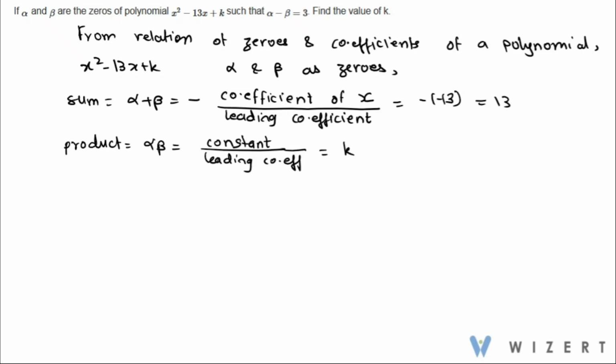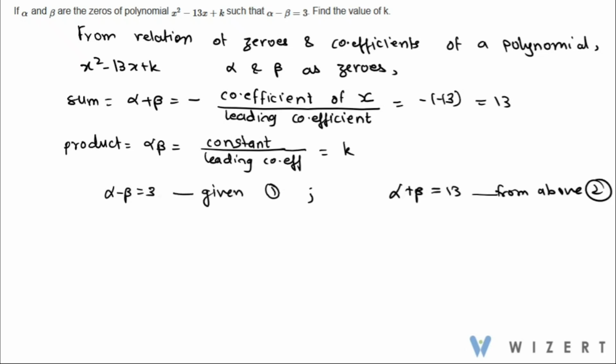We are also given that alpha minus beta is equal to 3. We know alpha plus beta is equal to 13 from above. Let's call it 2.